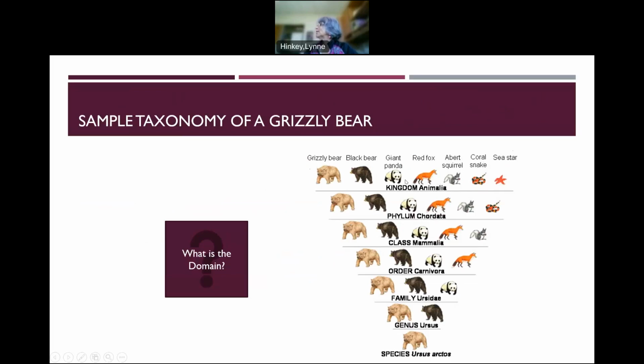Then we can break down into different phyla. In the phylum Chordata, we're looking at organisms that have a backbone. They're chordates, they have a backbone. So our sea stars are not. Our sea stars are echinoderms.